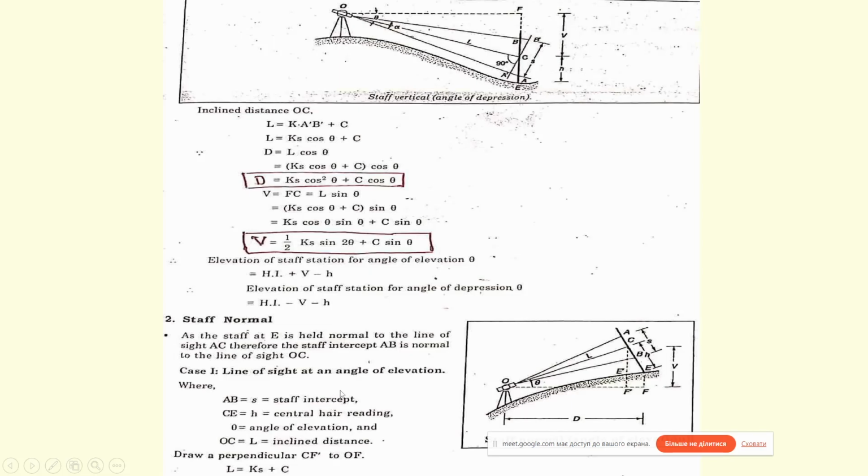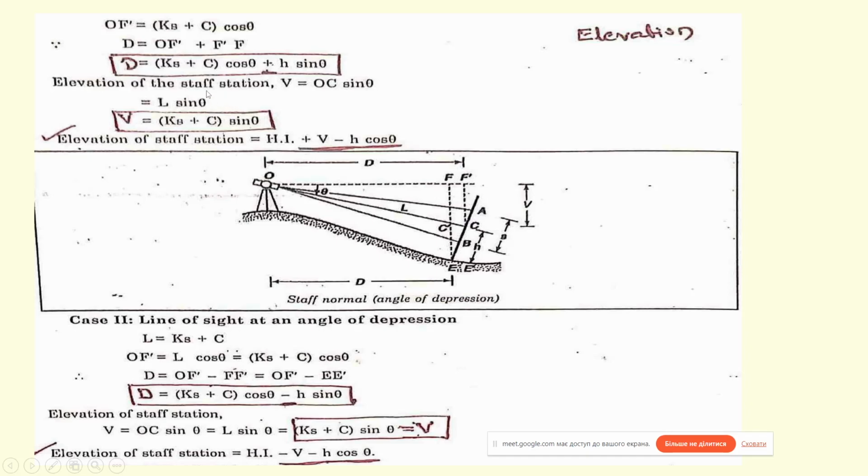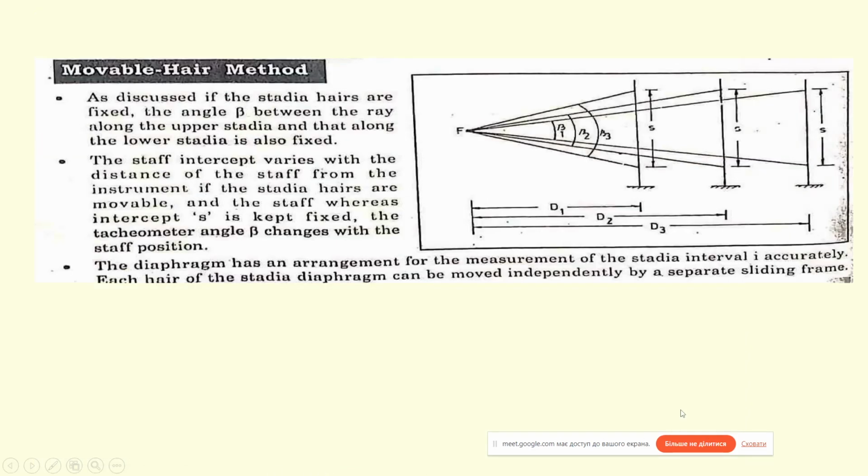So we can easily calculate the final formulas for the horizontal distance and vertical distance. And the last option is when the line of sight is at an angle of depression. Here you can see the formulas.